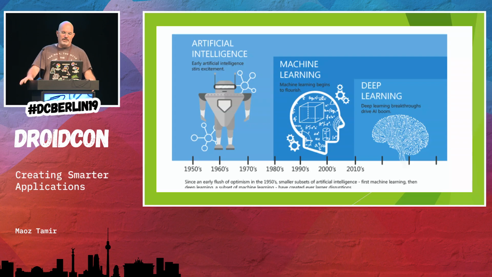Now, there is a difference between machine learning and deep learning, and I'll try to make it very simple to understand. In machine learning, we're trying to predict something based on features that we know that are defined in the subject that we are checking.